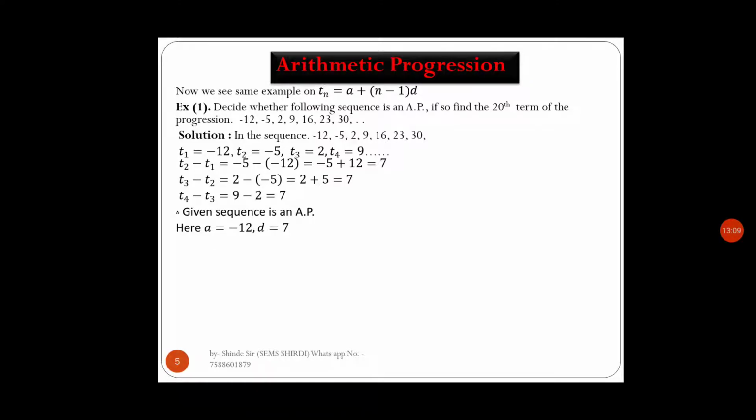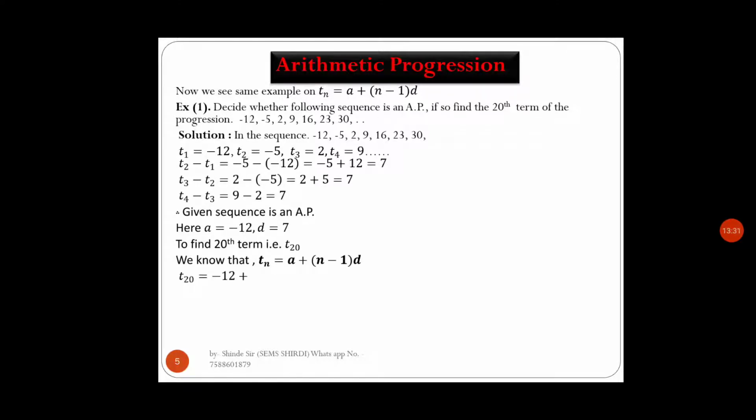The first term is minus 12 and D is equal to 7. To find the 20th term, that is T20, we know that Tn is equal to A plus (n minus 1) into D.